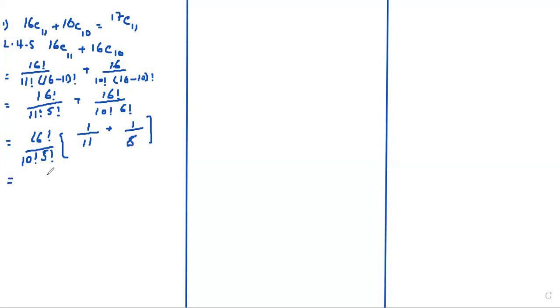So we have 16 factorial over 10 factorial, 5 factorial, divided by taking the LCM, 11 times 6. And this will become 6 plus 11.